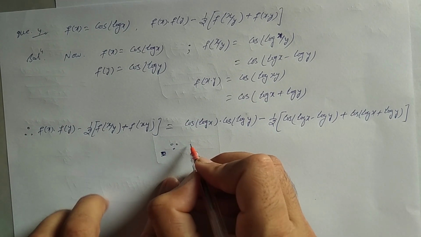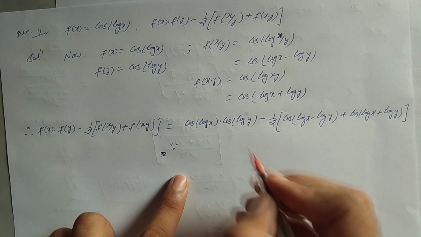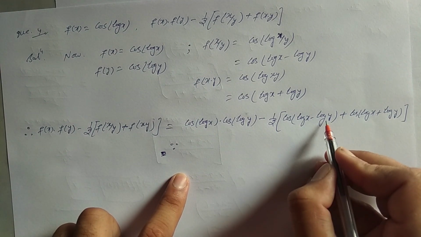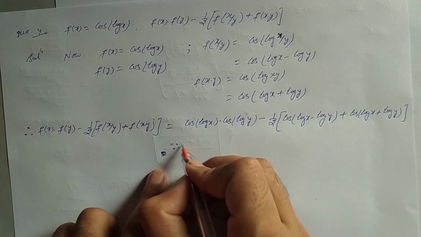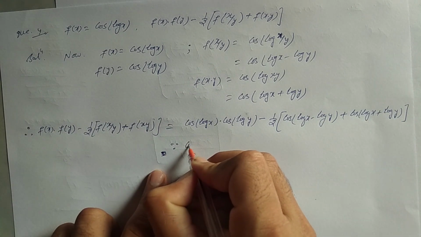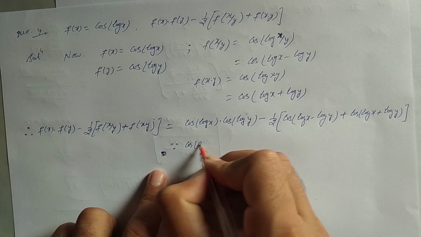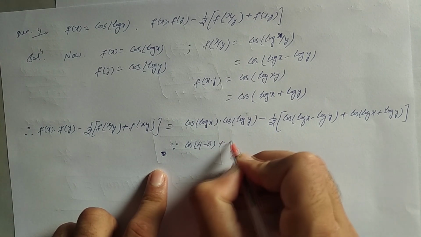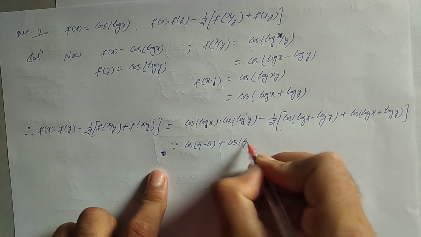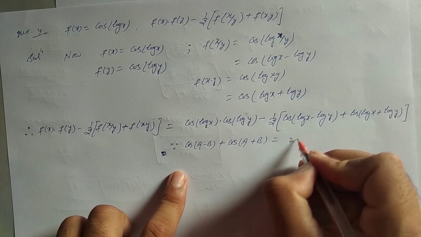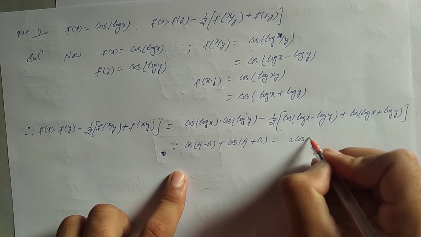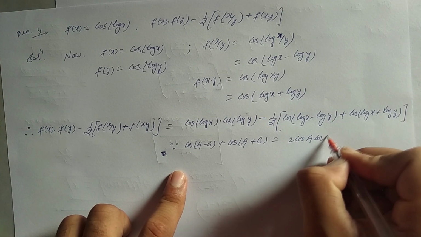Apply the formula: cos(a minus b) plus cos(a plus b) is equal to 2 cos a into cos b.